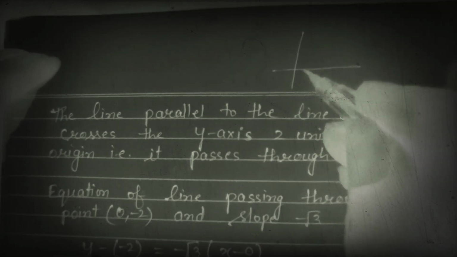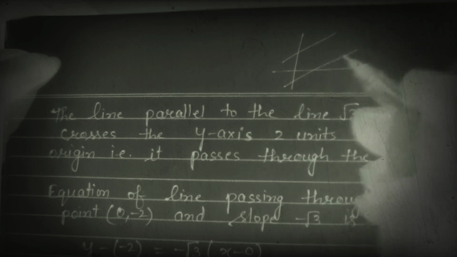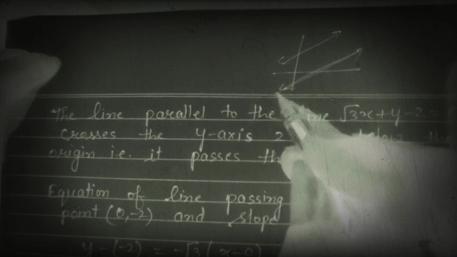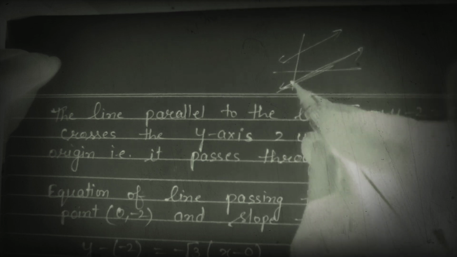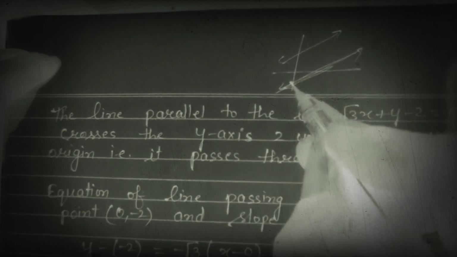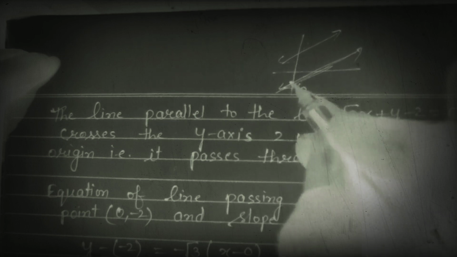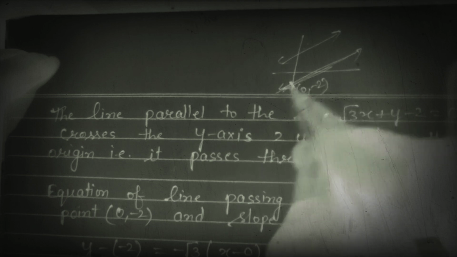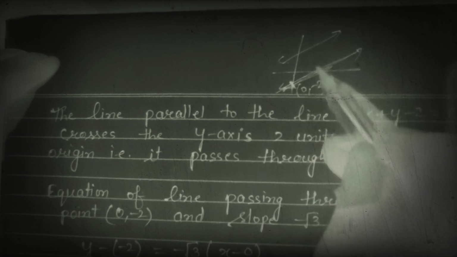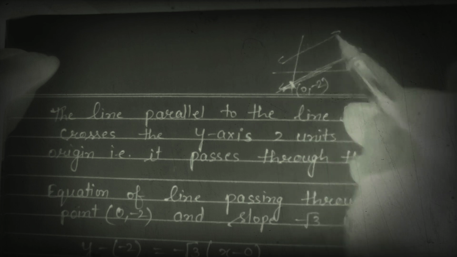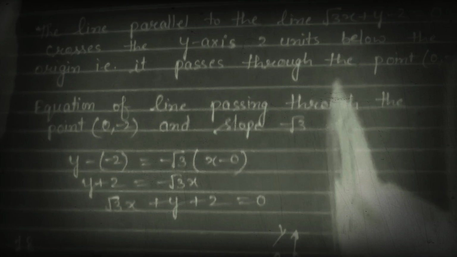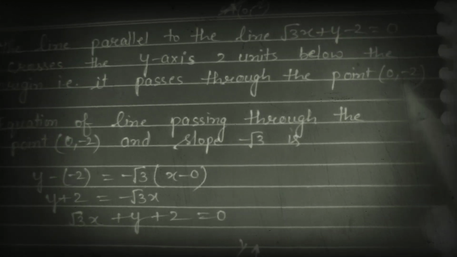If two lines are parallel, then their slopes are the same. It crosses the y-axis at 2 units below the origin, meaning the point (0, -2). If this slope is minus root 3, then the other slope is also minus root 3, and it passes through (0, -2).